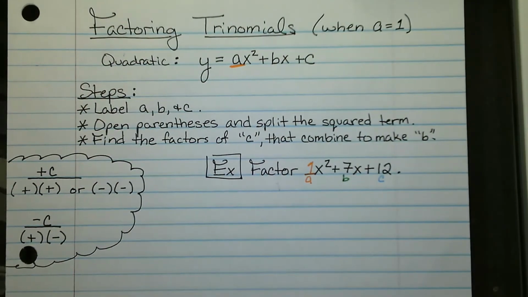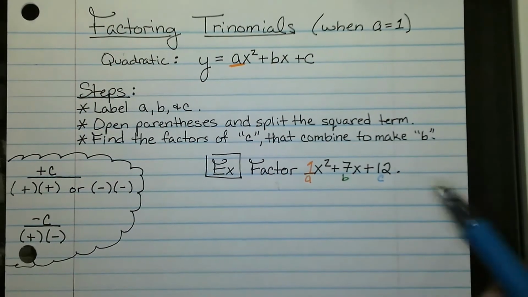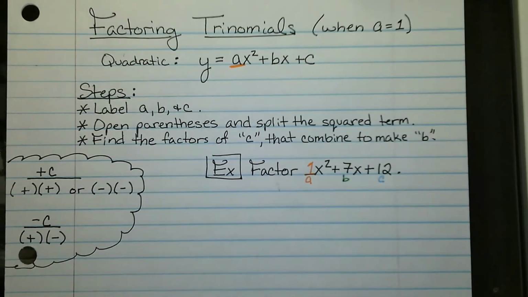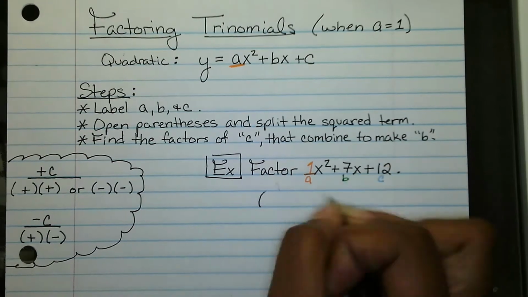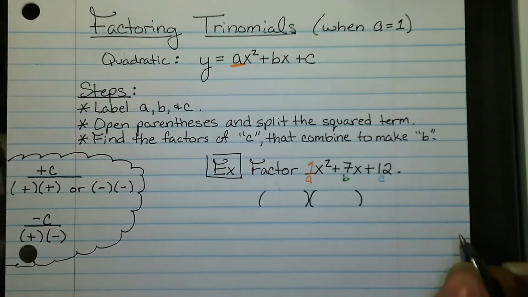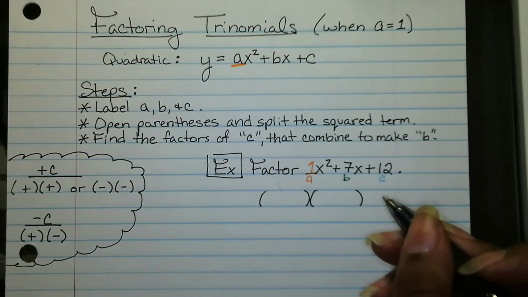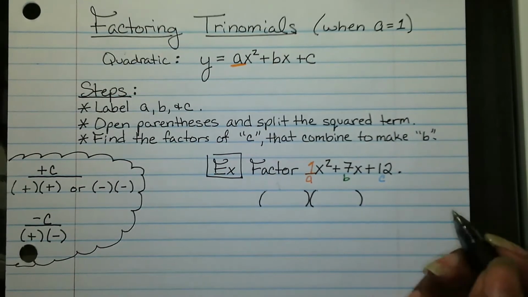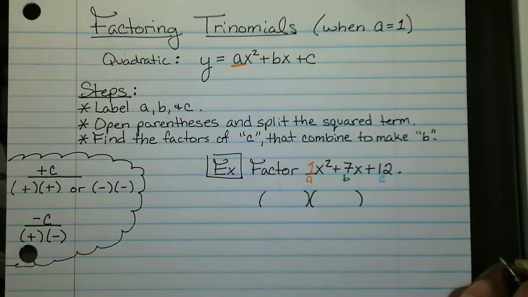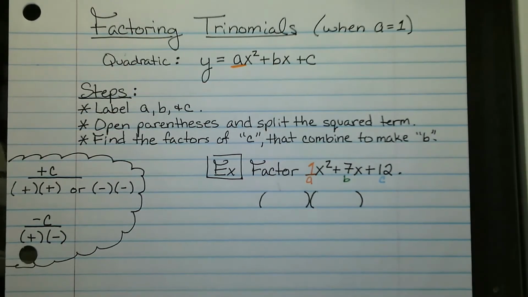Okay. So now that we've labeled a, b, and c, we can go ahead and open our parentheses. So when we factor, we have to use the parentheses to rewrite them as the product of two linear factors. If you take two linear equations and multiply them, you end up with a quadratic.